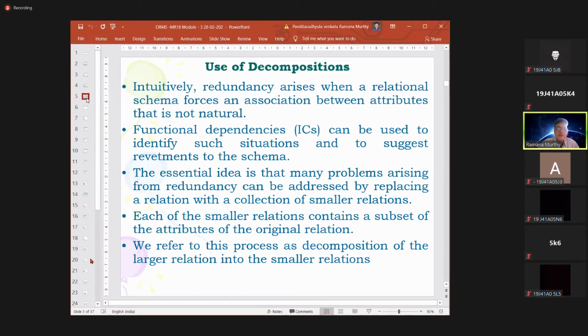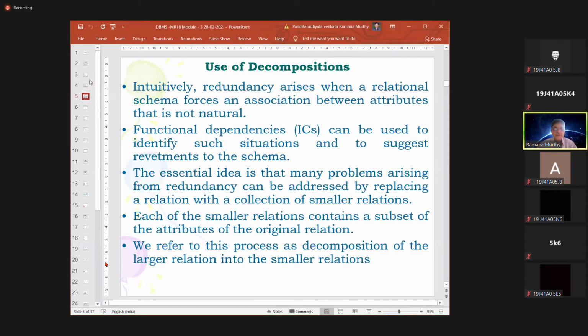What we need to do is go for decomposition, dividing the particular table into 2 or more tables. Redundancy arises when a relation schema forces an association between attributes that are not natural.